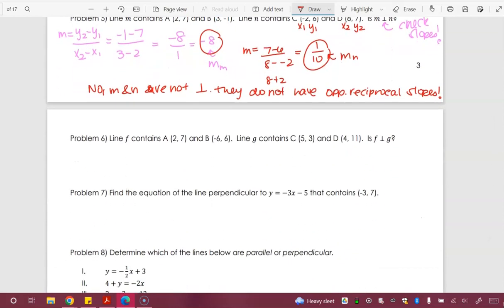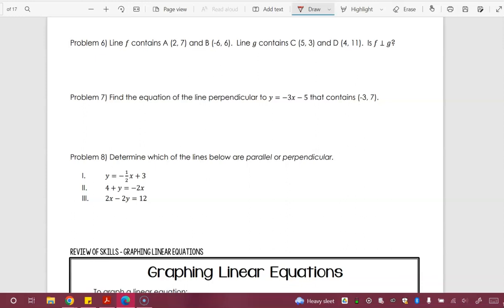Okay, let's try another one, problem 6. Line F has these 2 points, line G has these 2 points. Are they perpendicular lines? We'll label, and we'll plug into our formula.